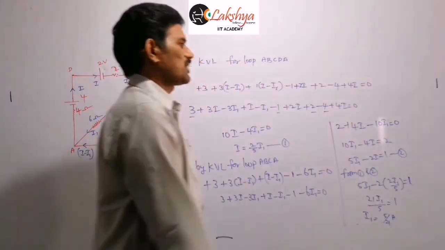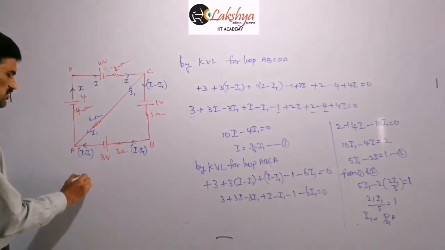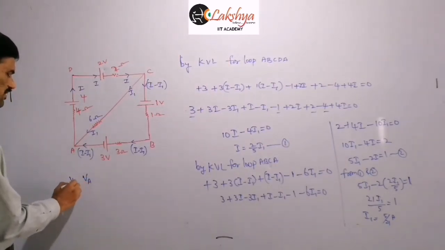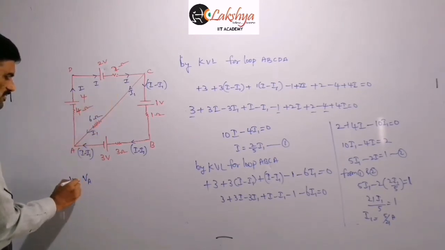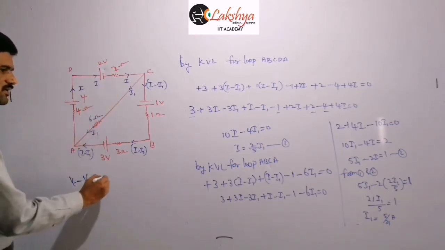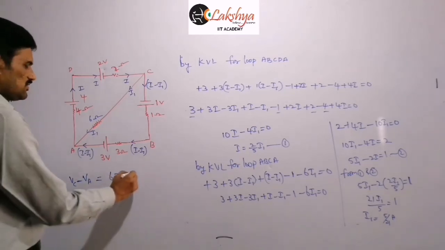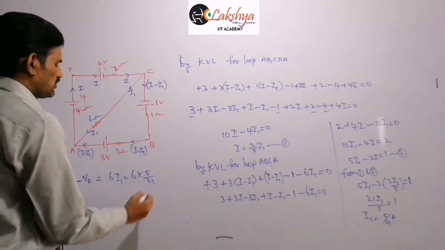And then from that you can calculate the potential difference here. Now I am writing here the potential difference value. We can write this as Vc minus Va, because current is flowing in that direction and we are getting that value as positive. So then this value we can write as 6I1. So 6 into 5 by 21.